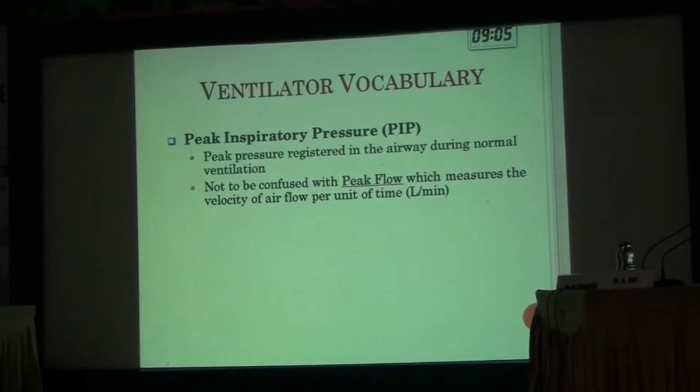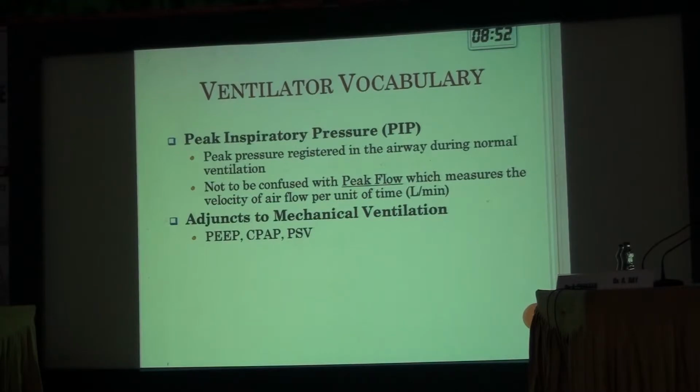Peak inspiratory pressure is also very important, because barotrauma is something which we are very much concerned with nowadays, and this peak inspiratory pressure ultimately determines whether the patient is going to develop barotrauma or not. And then adjuncts to mechanical ventilation, we know we have got positive end expiratory pressure, that is PEEP, or continuous positive airway pressure, or CPAP, or pressure support ventilation, or PSV.